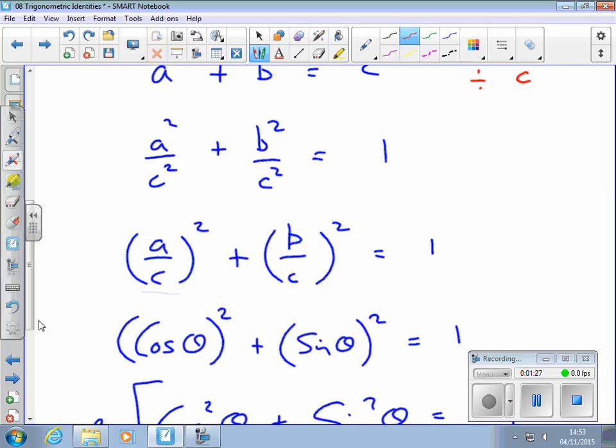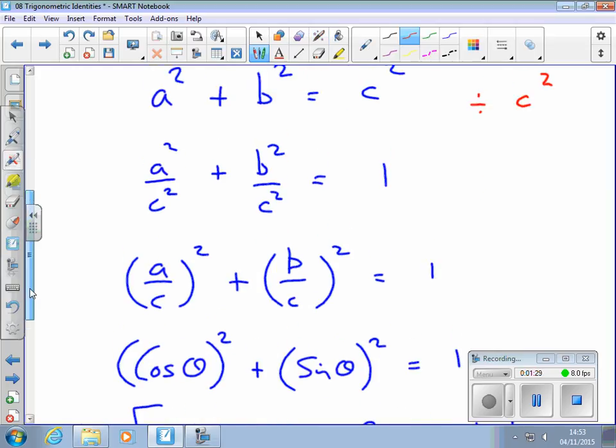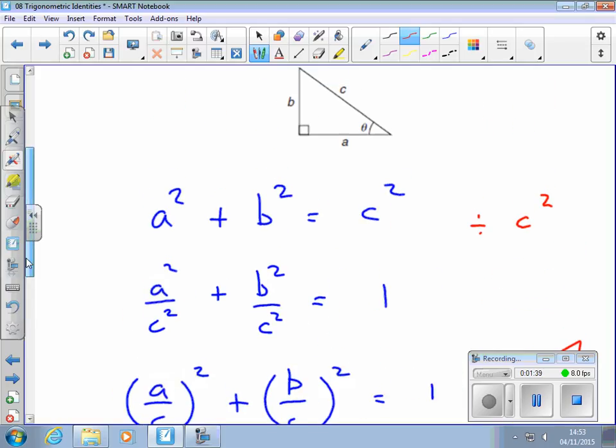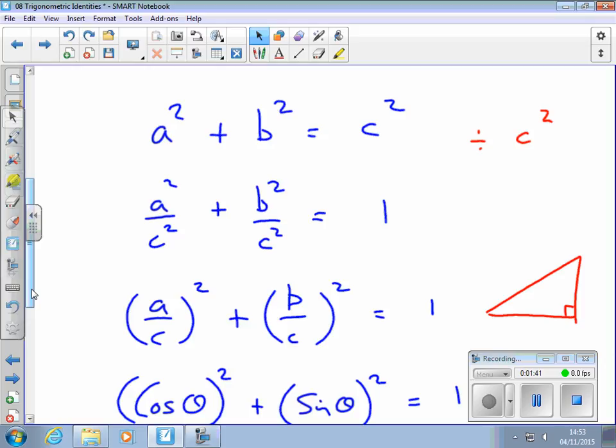But if we think of our right-angled triangle, let's just draw it here so we can look at it. You've got it on your page anyway. If there's the right-angled triangle, let me write it the same way around as it is there to avoid confusion.